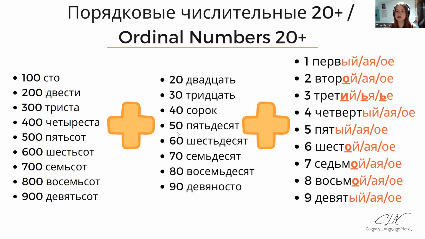So let's test ourselves and use this table that you see on the screen, and I want you to make these numbers. So for example, how do you say the neutral ordinal number for 444th? Right, so the answer is going to be 444th.